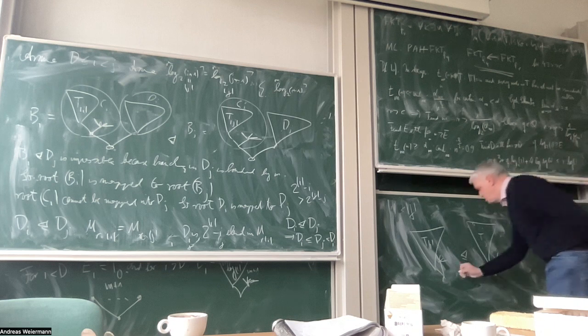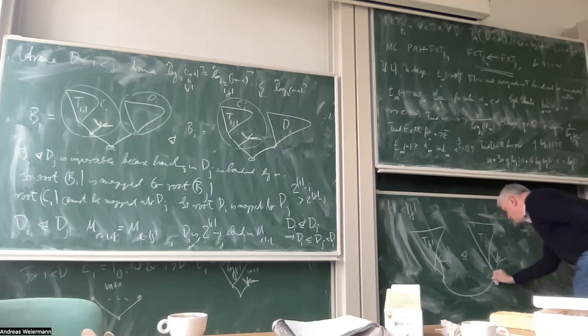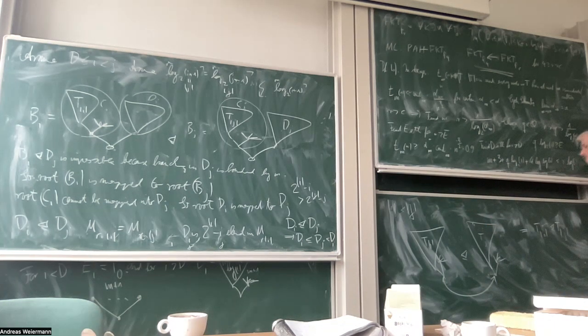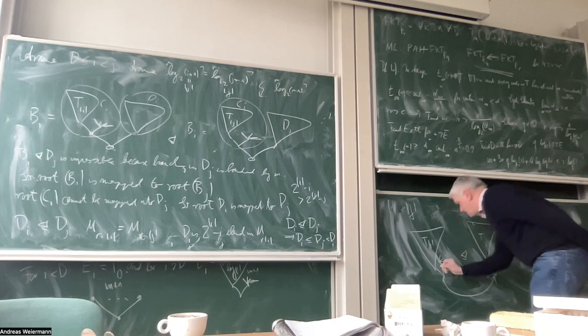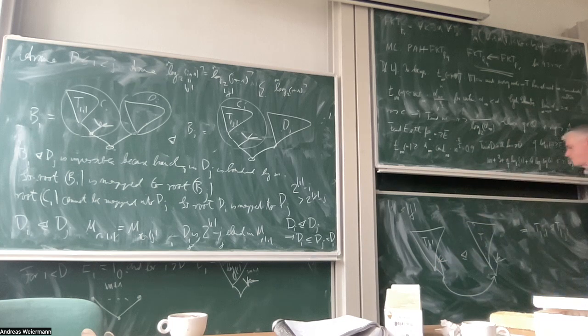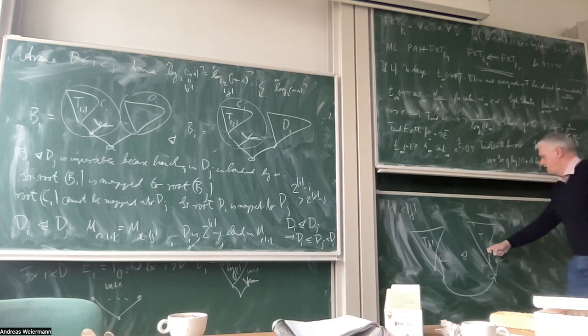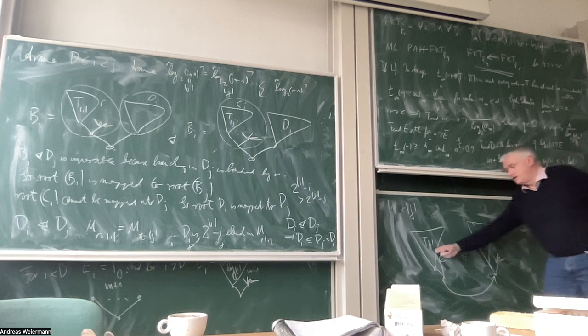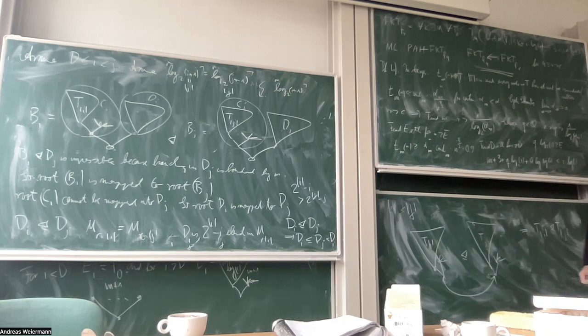Okay, therefore, let's assume the root moves over here. Now, what can happen? It can happen that the root here goes into this tree. But if the root here goes into this tree, again, T binary length of i goes into T binary length of j, and we are done.